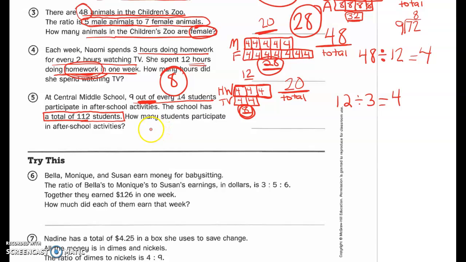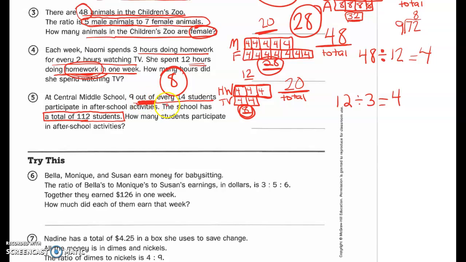A lot of people will quickly draw their boxes and say, oh, let me make this one 9 and this one 14. But you need to stop, because this is not a part-to-part ratio. This is a part-to-total ratio. We've got to change this.